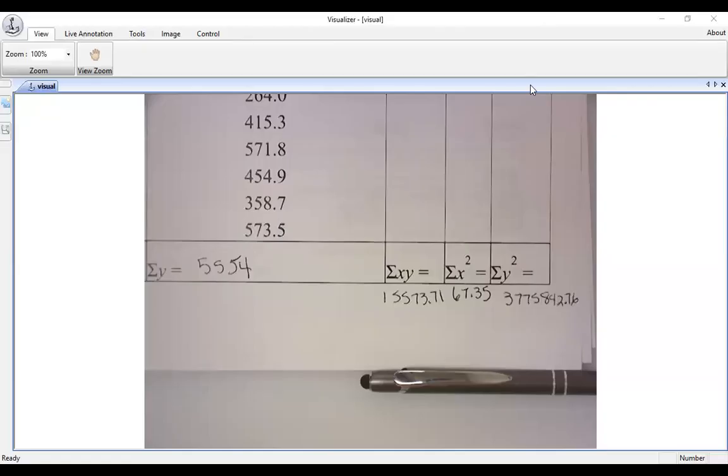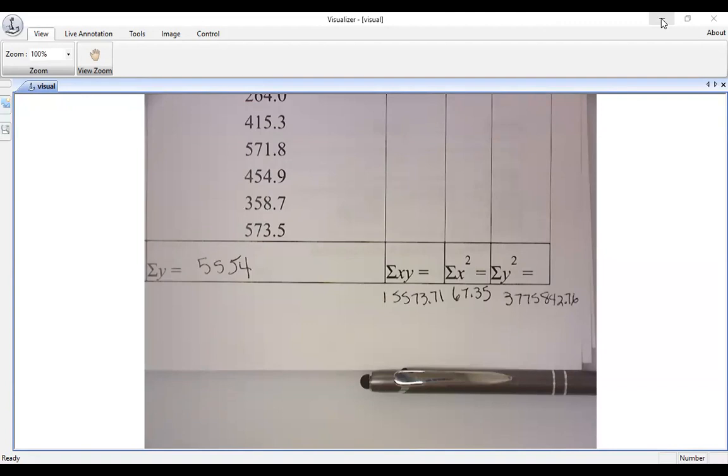Now let's go back to the PowerPoint, and we are ready to actually plug into this equation. Let's double check, in case you didn't get all the numbers written down a minute ago.